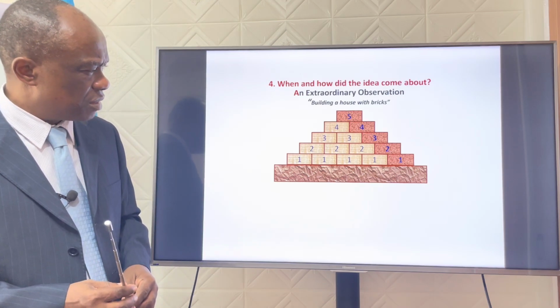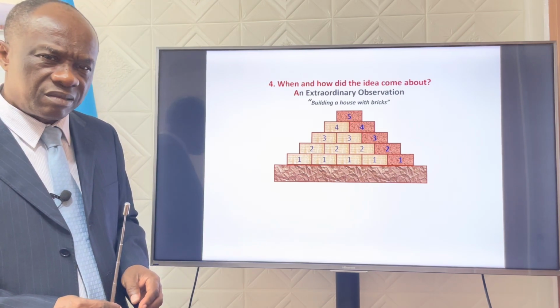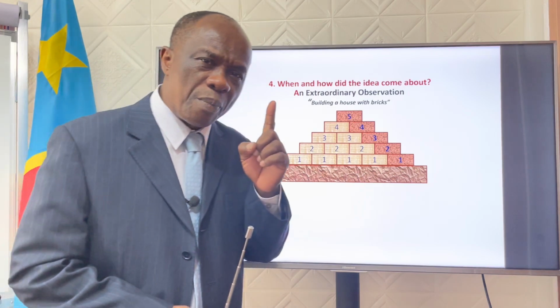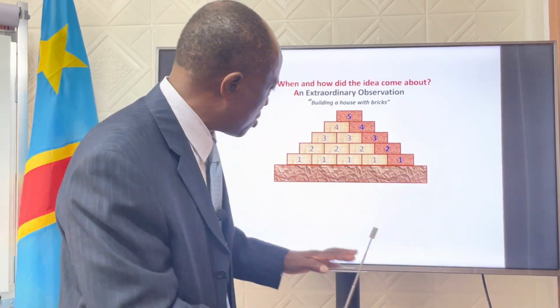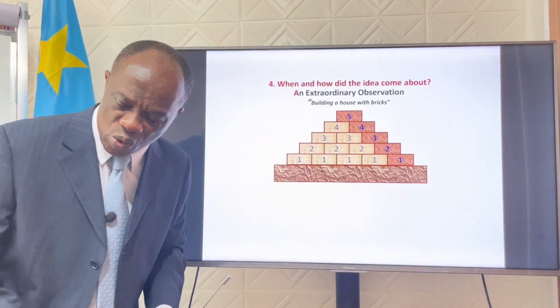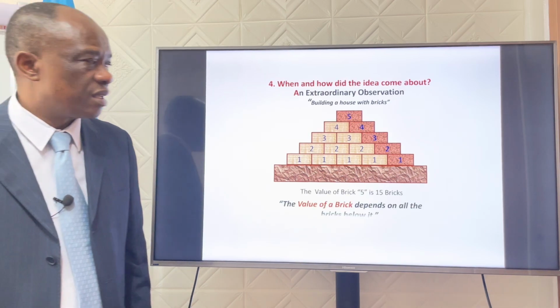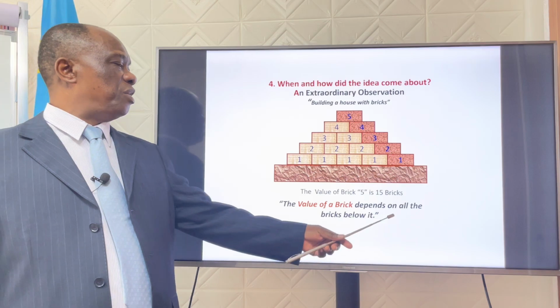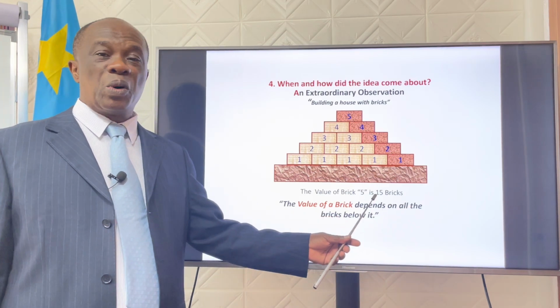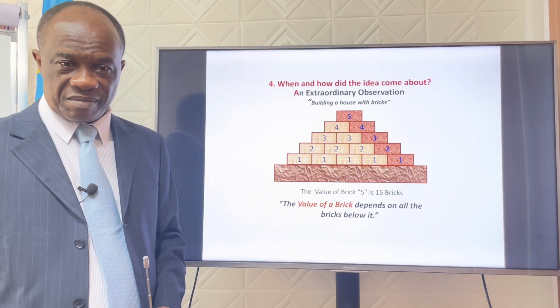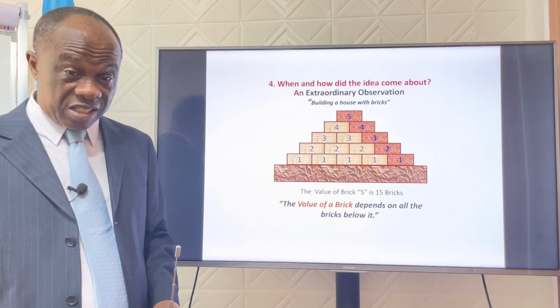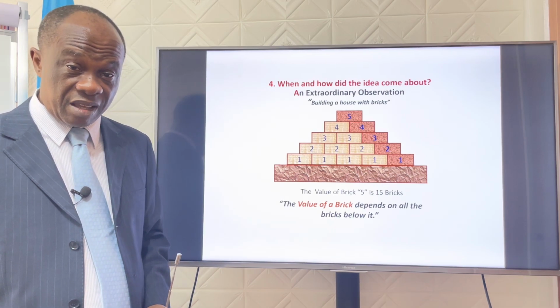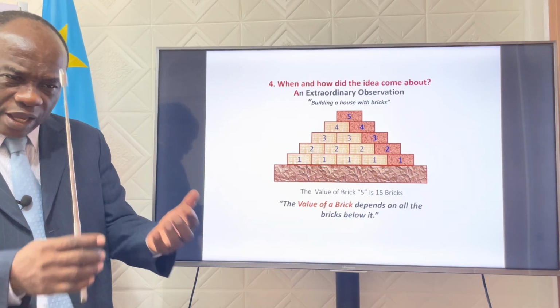Therefore, I think the value of a brick depends on all the bricks below it. The value of a brick depends on all the bricks below it. This is a very strange idea. But really, I was convinced.